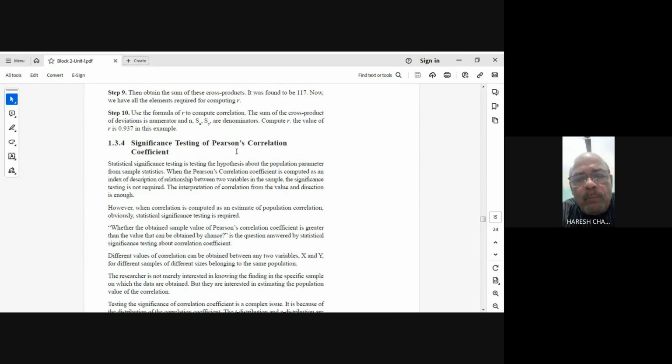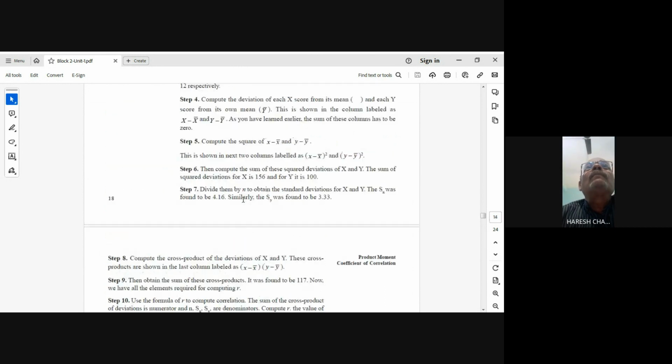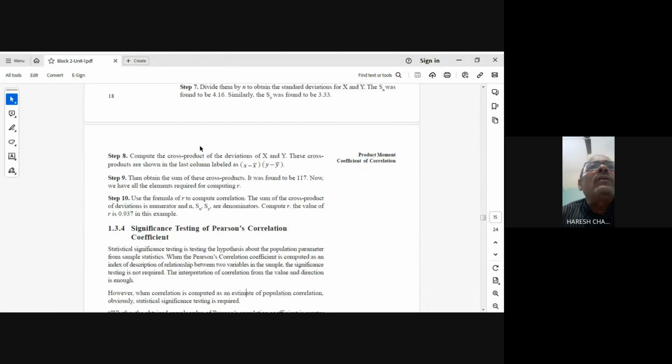Next is testing significance. Testing significance means the degree of freedom is n-2, and you look into the table of correlation, that is, the critical value table for correlation.